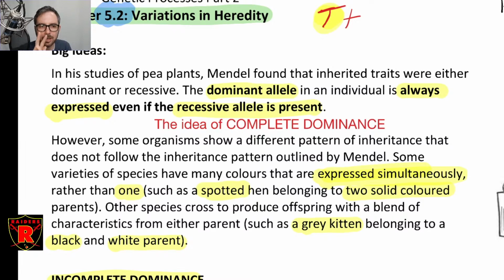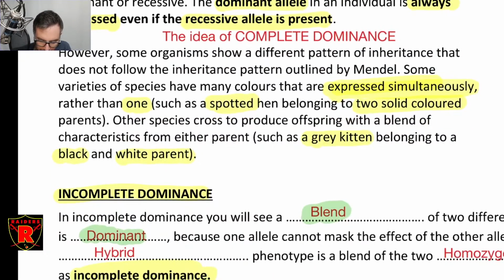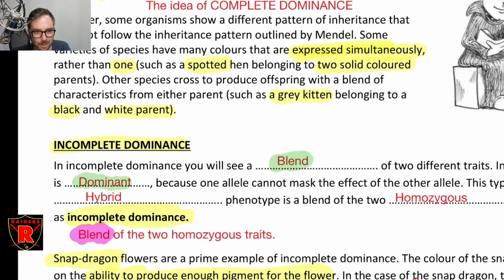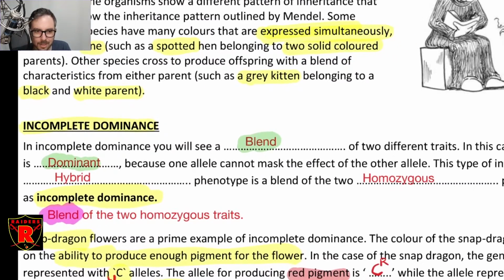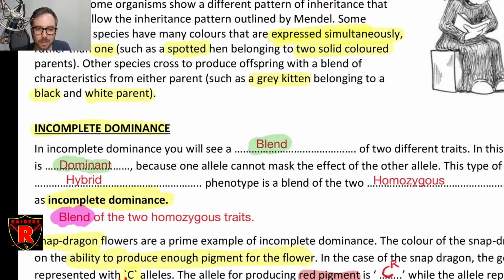Okay, so there are generally two different ways that this can get expressed when it's not complete dominance. The first way is called incomplete dominance. That kind of makes sense. Complete dominance is when one is completely dominant over the other, but when one isn't completely dominant over the other, we call that incomplete dominance. It's not totally dominant. What happens in incomplete dominance is that when you have both alleles, you get a blend, a little bit of each.